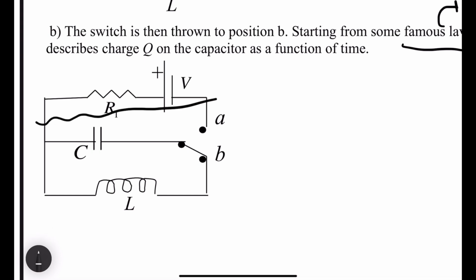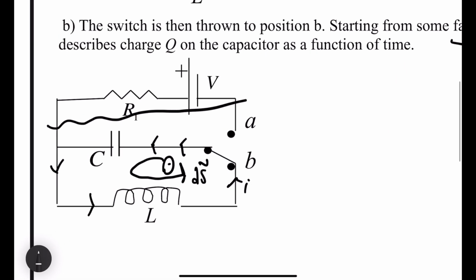I want to define ds by convention pointing out of the page, and I want to make current flow the same way as I'm going around my loop. So then I can switch the way I label my charges now: this is plus Q and this is minus Q.